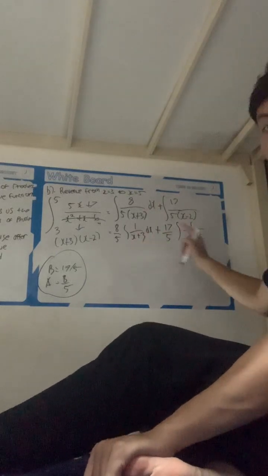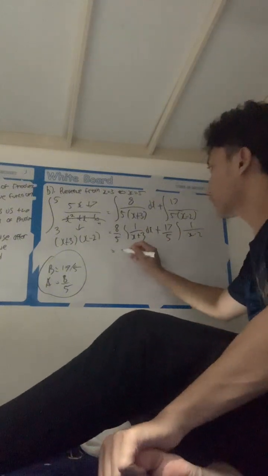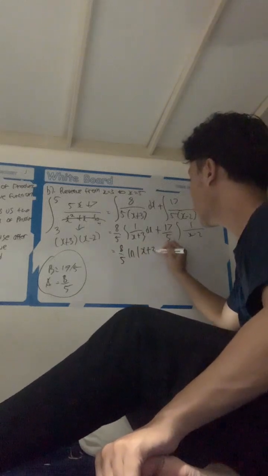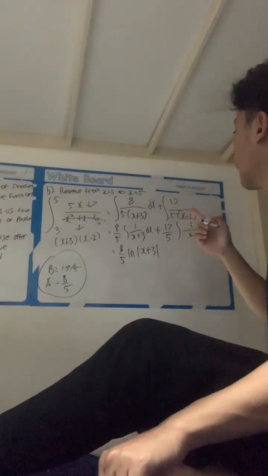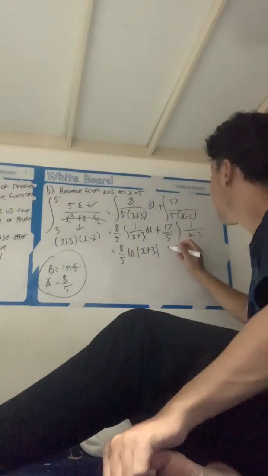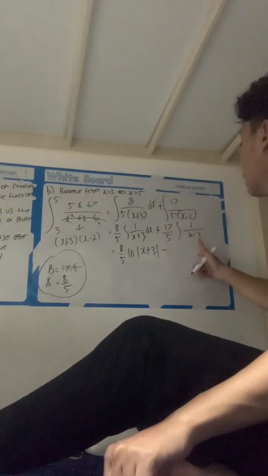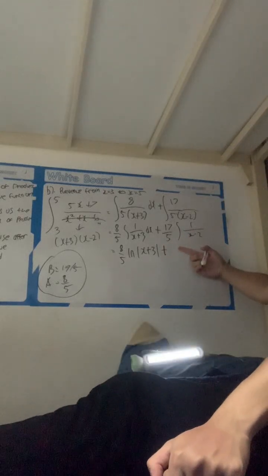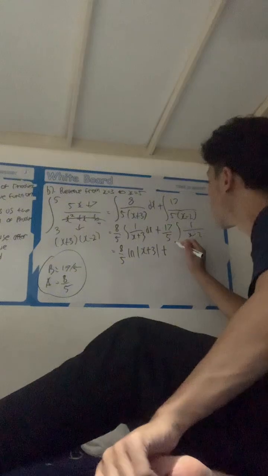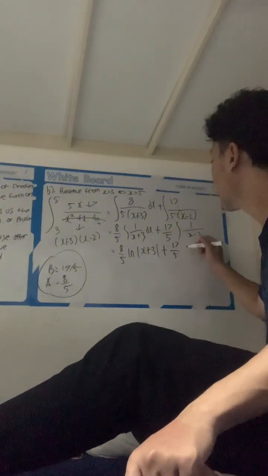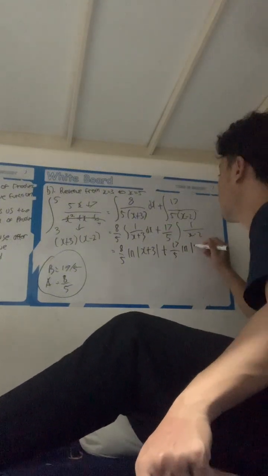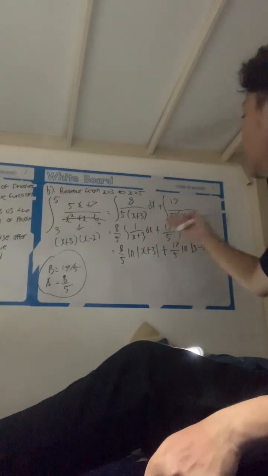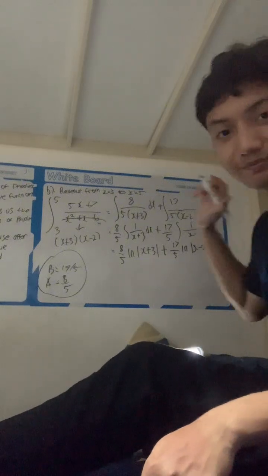So this fraction will integrate, and it will become ln x plus 3, plus, sorry, it's plus 17 per 5 ln x minus 2. So the ln itself comes from the integration of the 1 per x plus 3 and the 1 per x minus 2.